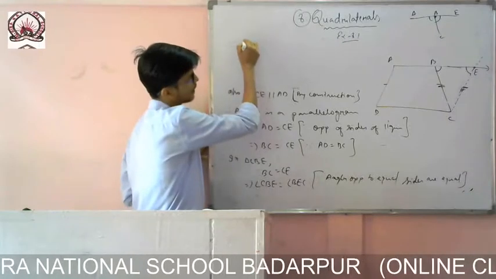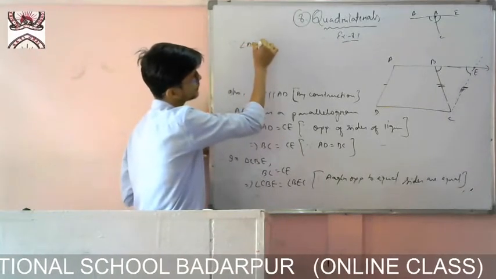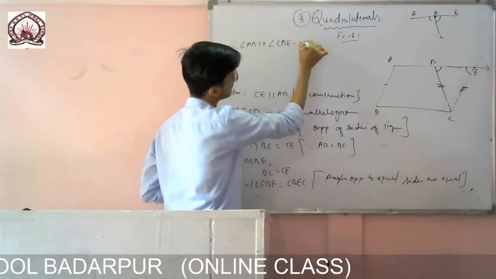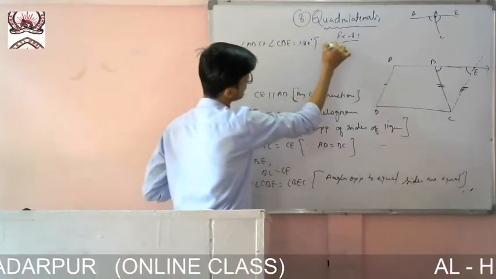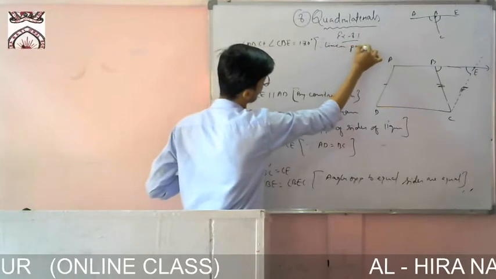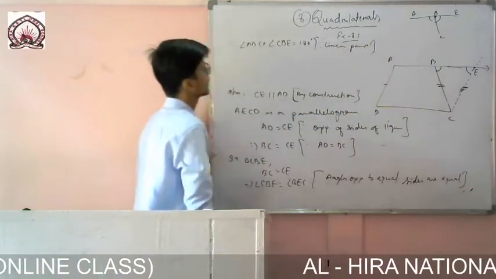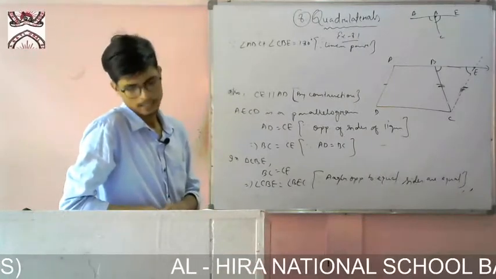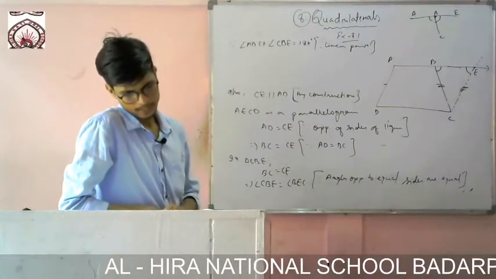Since angle ABC plus angle CBE is equal to 180 degrees, since linear pair.